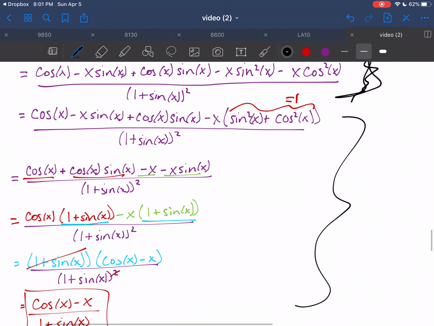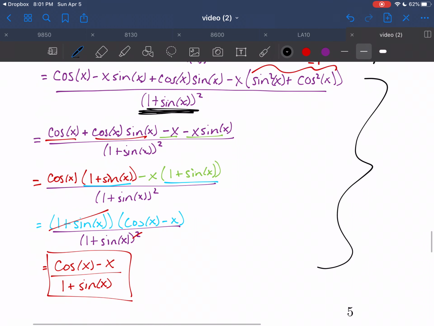Anytime it specifies simplify and you've got a fraction like this, look for something to cancel with the denominator. Because I knew I needed to simplify and I was looking for this 1 plus sine term, I could find it in each of my two pieces up top.